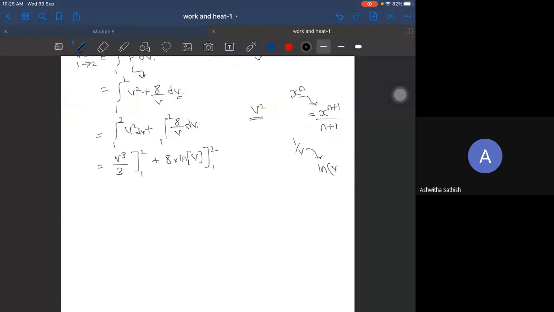If you further substitute the limits, I'll just take the constant out, 1 by 3 into V2 cube minus V1 cube, plus 8 into ln of V2 minus ln of V1.